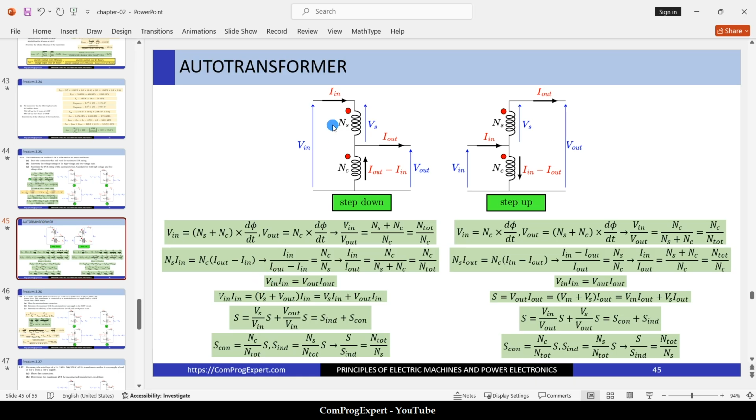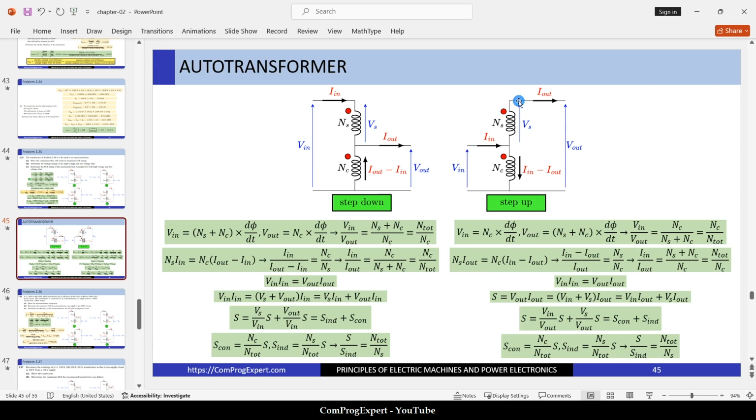Again, V in times I in is equal to V out times I out, a power balance, if we neglect losses in the core and the winding resistances of these coils. We write this balance equation.